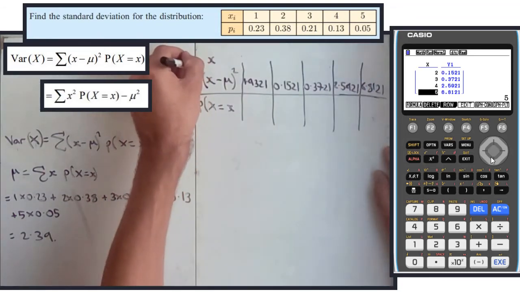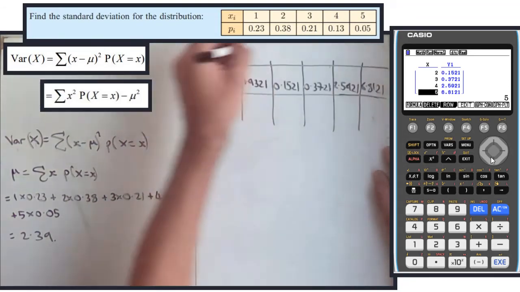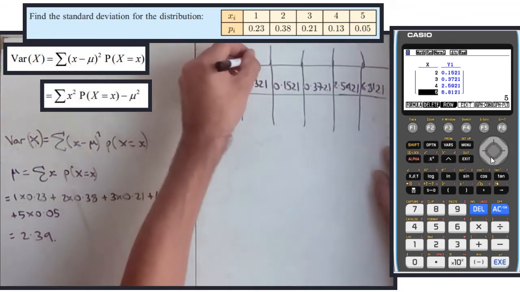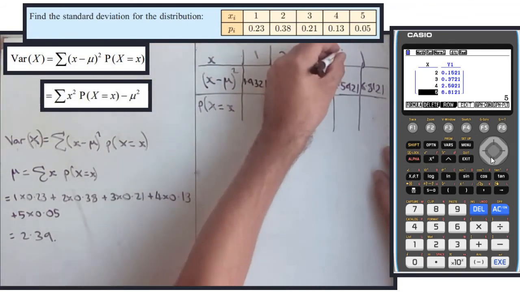That should fill in the top. That was when x was 1, 2, 3, 4, and 5.